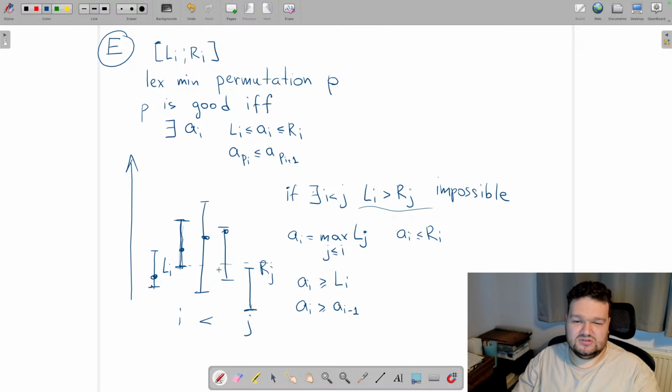So now we have a condition that is necessary, but also it turns out that it is sufficient, so it is a criteria.